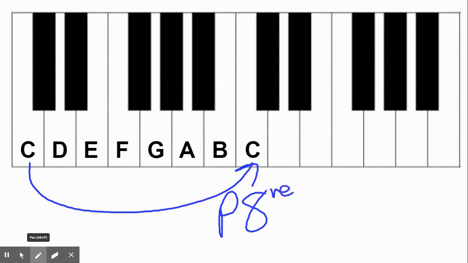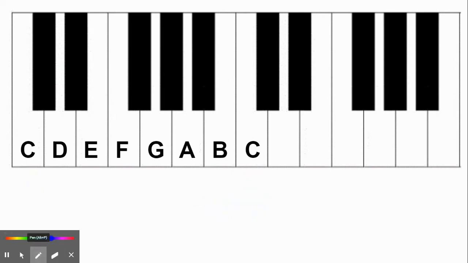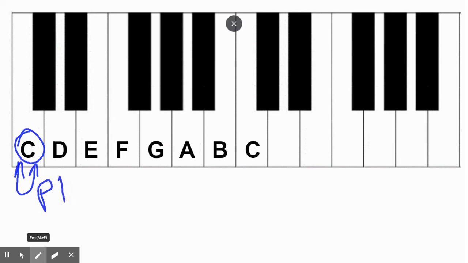You can do that. It'll work either way. The last perfect interval within an octave is a perfect unison. We've learned that from C to C, from the root to itself, is a unison, and you can call that a P1, a perfect unison.